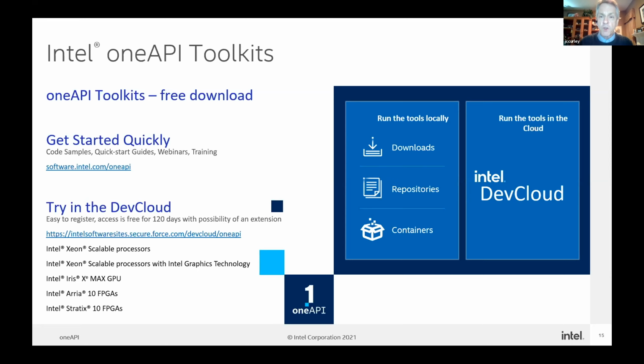We provide diverse hardware there for you to experiment with: our own Xeon processors, integrated and now discrete first-generation graphics cards, and our Arria FPGAs and Stratix FPGAs are all available in the Dev Cloud for development, experimentation, and feedback. And again, all of this is open. It's free for not only the members of the Xpug community, but all comers.